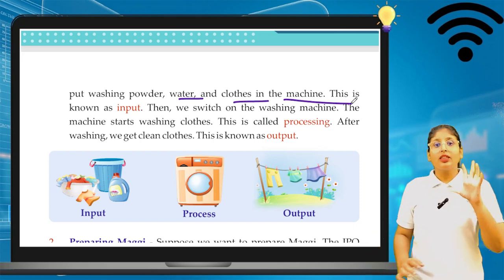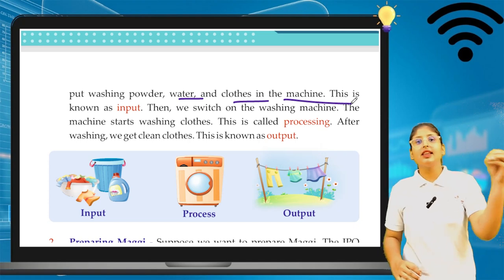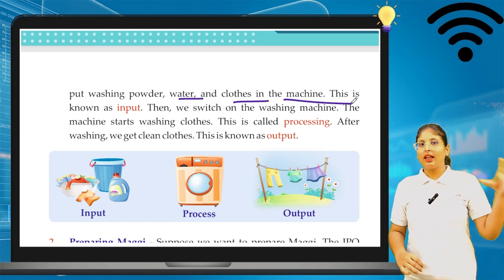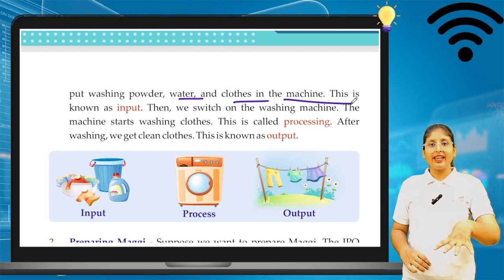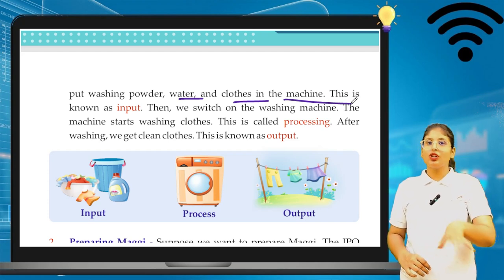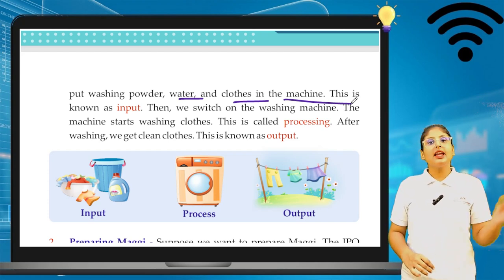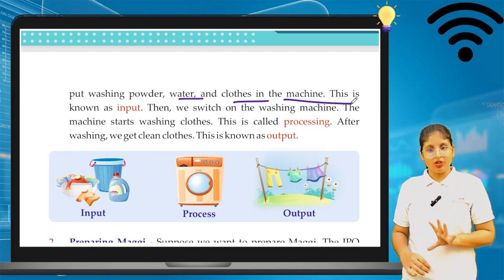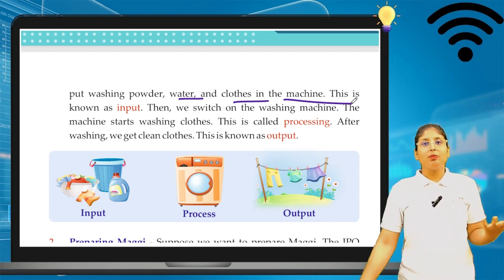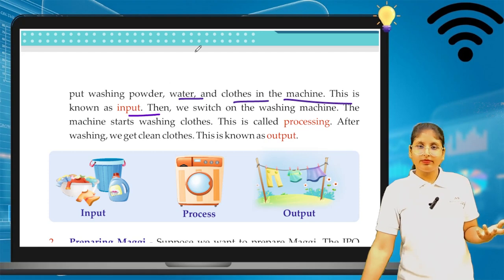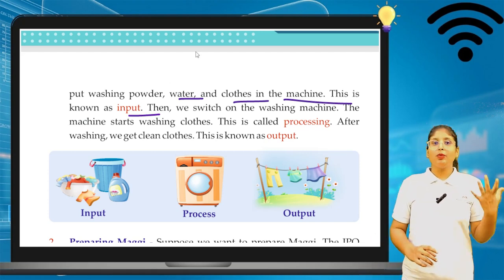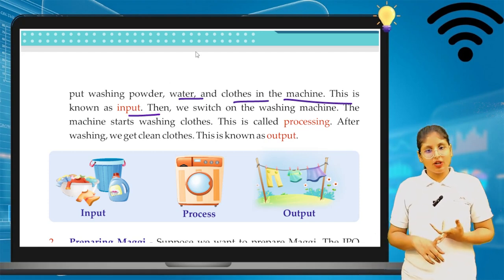The first step is to put in the things that you want to wash, like clothes and washing powder. This is the input that you are giving to the machine. So the input is your clothes and your washing powder.